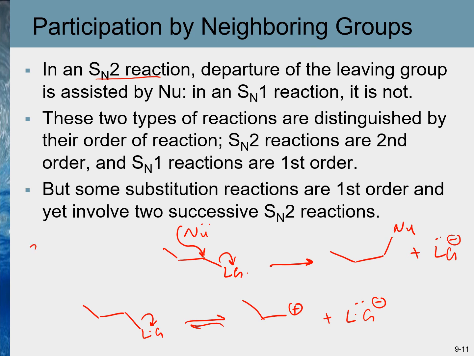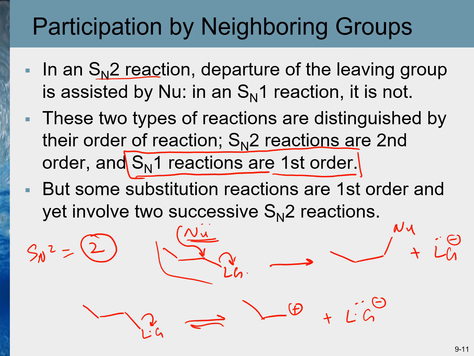In case of SN2, the order of reaction is second order because the rate of reaction depends on both nucleophile as well as on the concentration of haloalkane. However, in case of SN1, the reactions are first order because the rate of reaction only depends on the concentration of haloalkane.